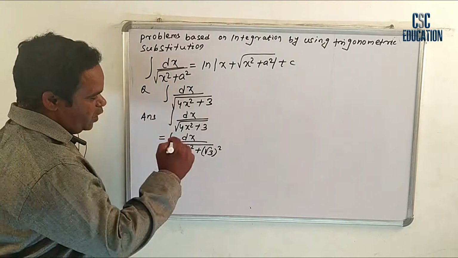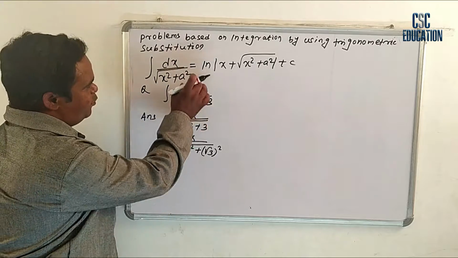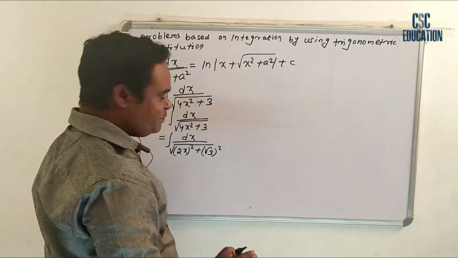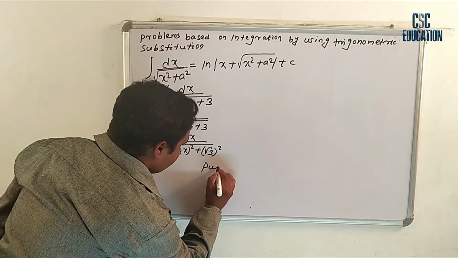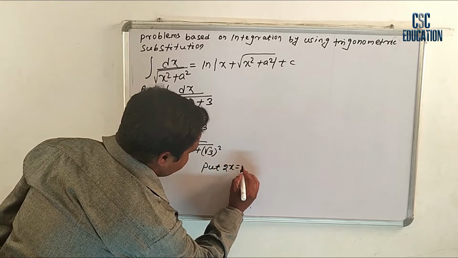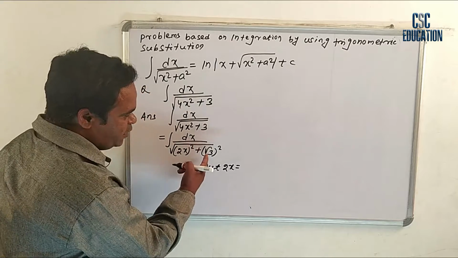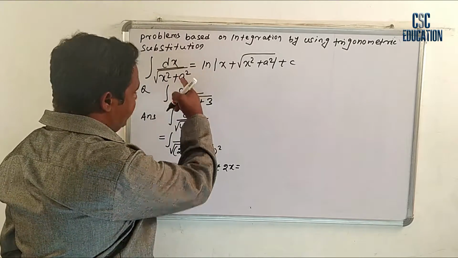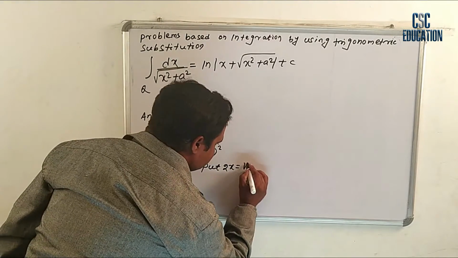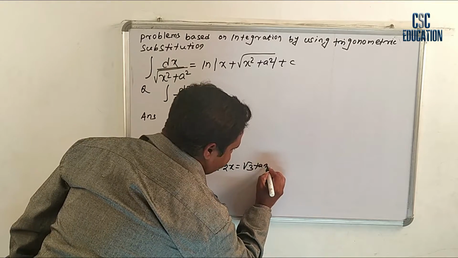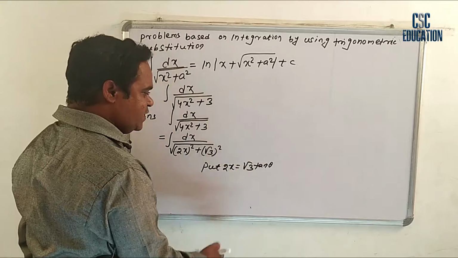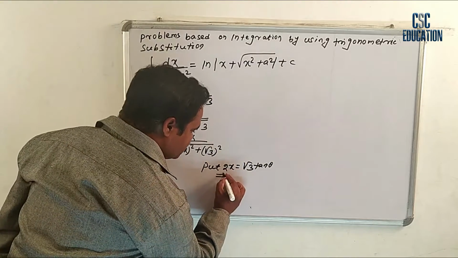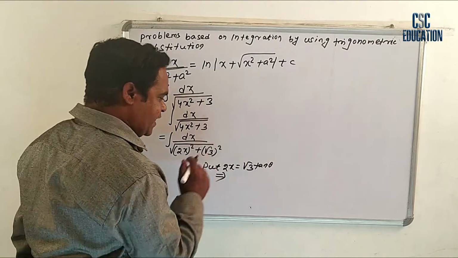I have already proved this formula. So firstly put 2x equals to root 3 tan theta, since the constant a here is root 3. Now x is a function of theta, so differentiate both sides with respect to theta.